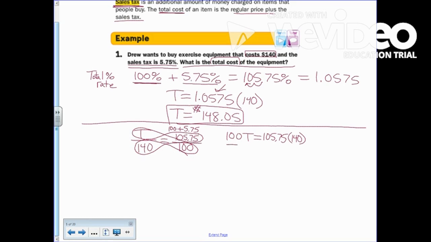Then to get t by itself, we divide by 100 on both sides. And we can multiply that into our calculator, carefully typing everything correctly, 105.75. And again, you should be doing this with me, times 140 divided by 100 equals. And you should have gotten 148.05.